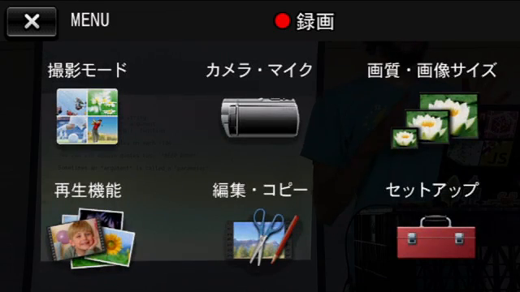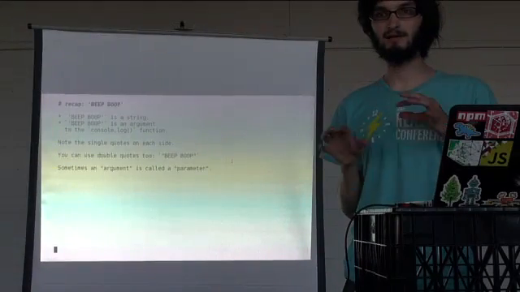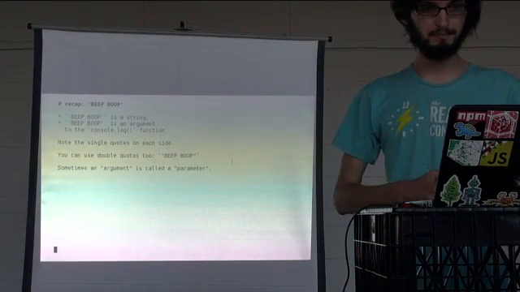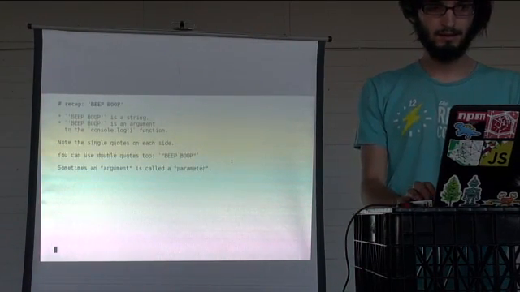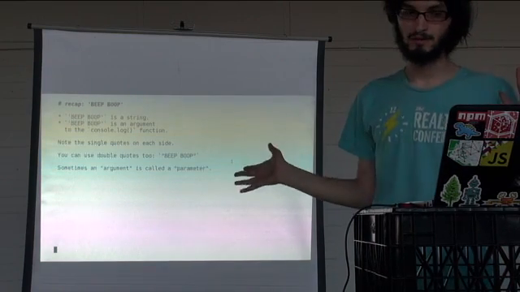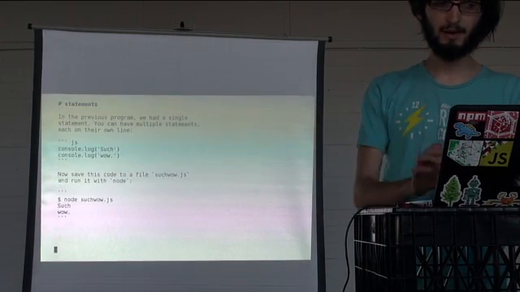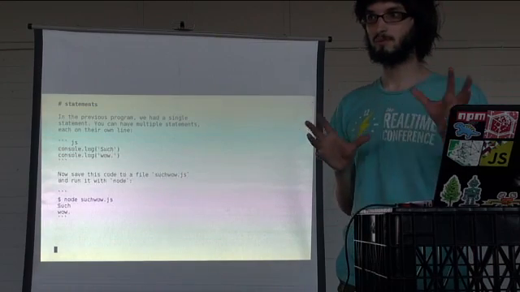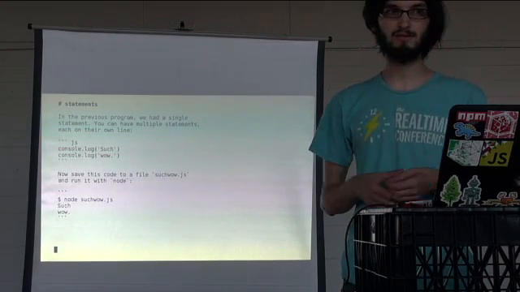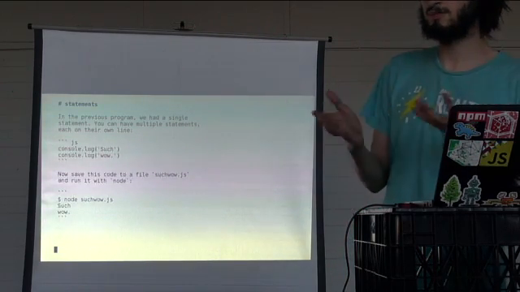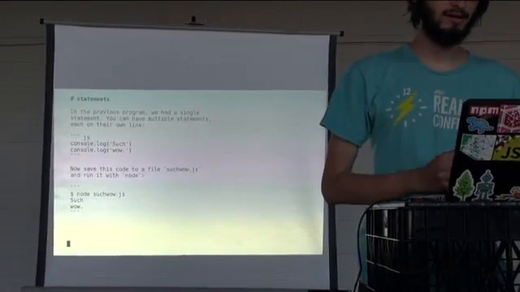But in JavaScript, we separate arguments with commas, not spaces. This is the main difference. You can also use double quotes if you want for a string. And you might also hear arguments referred to as parameters or whatever else. So it's just largely interchangeable jargon.